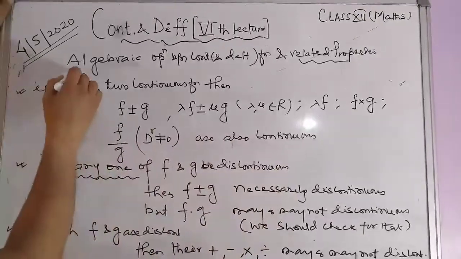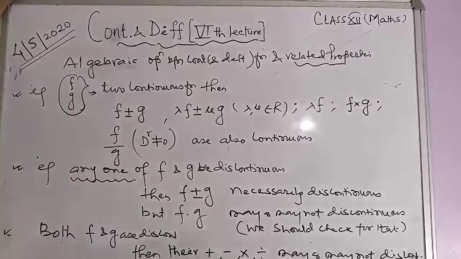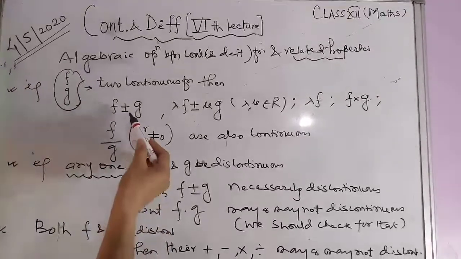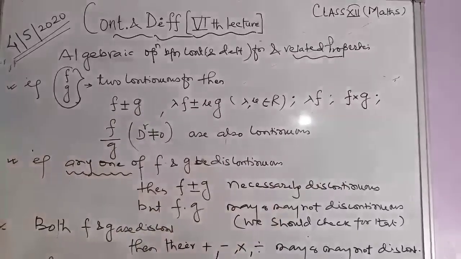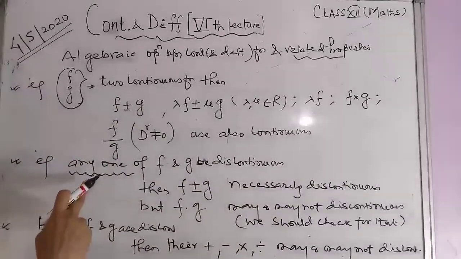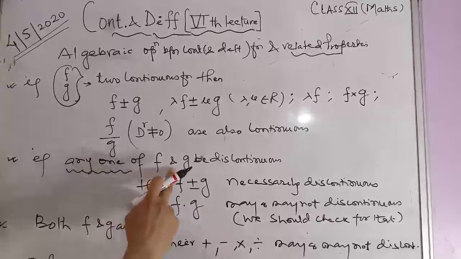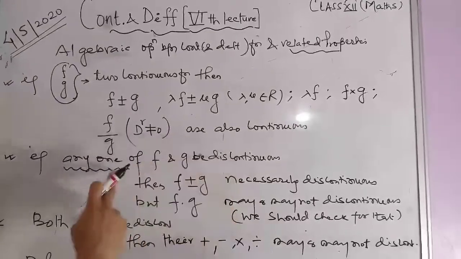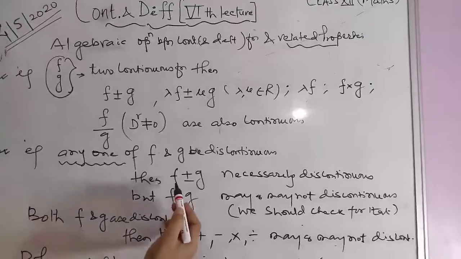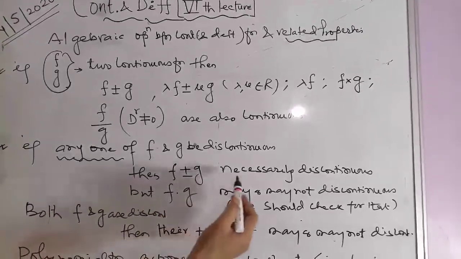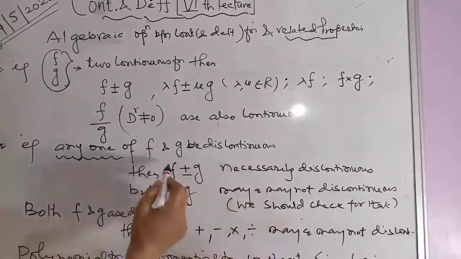So if two functions are continuous, then their addition, subtraction, multiplication and division are also continuous. But if any one of f and g is continuous and the other is discontinuous, then necessarily their sum or difference will be discontinuous, with no need to check.